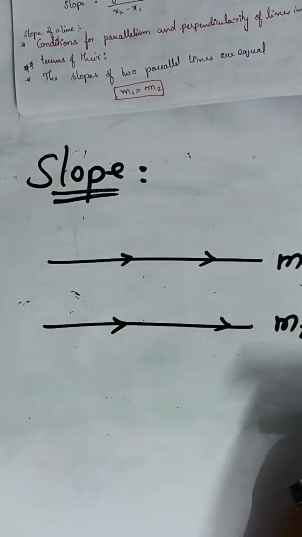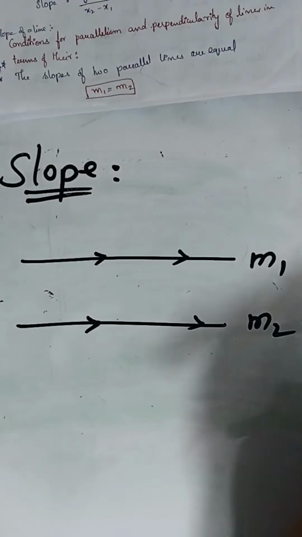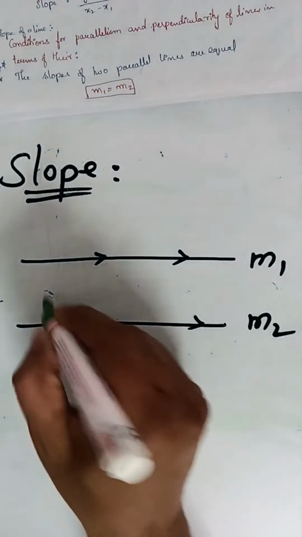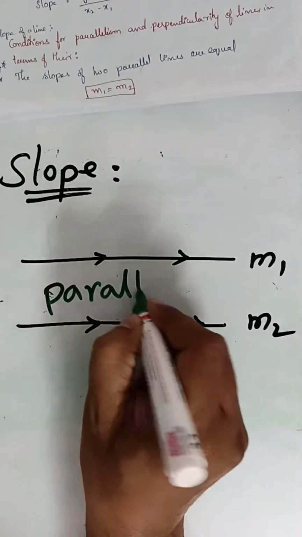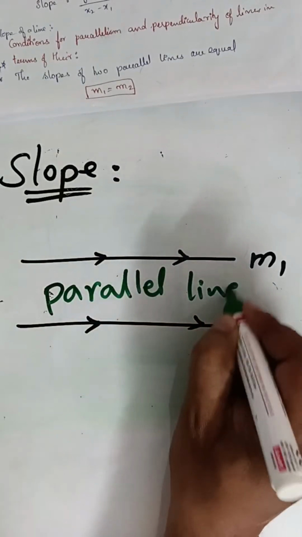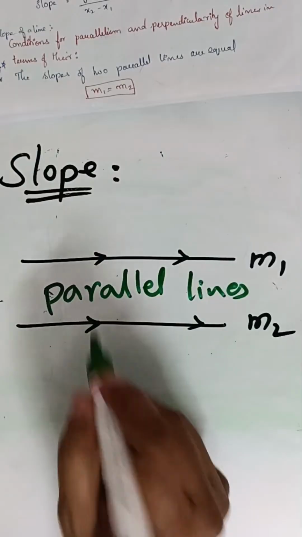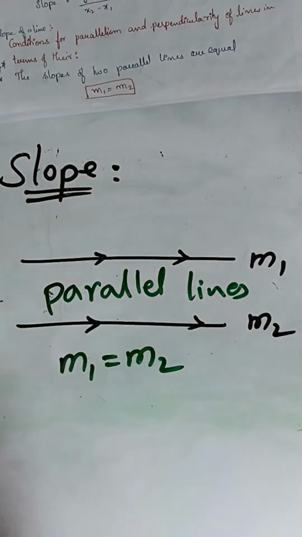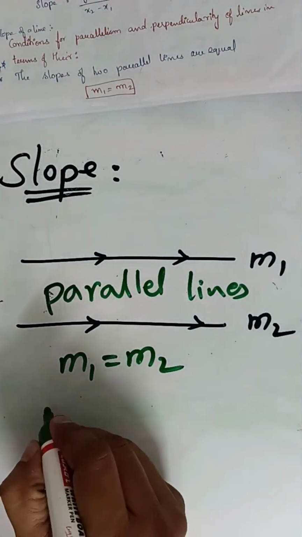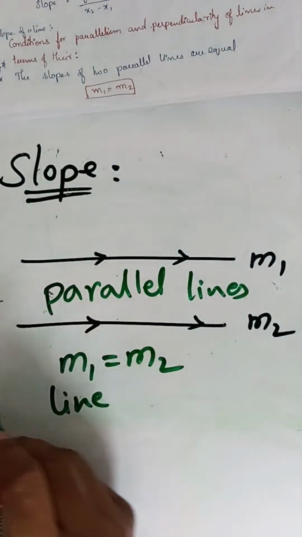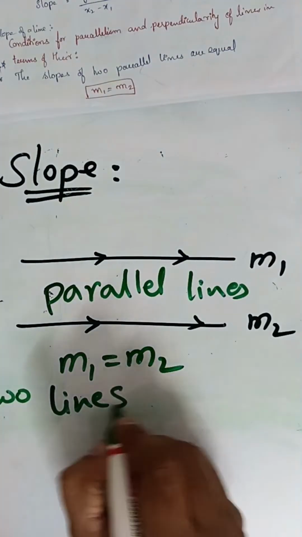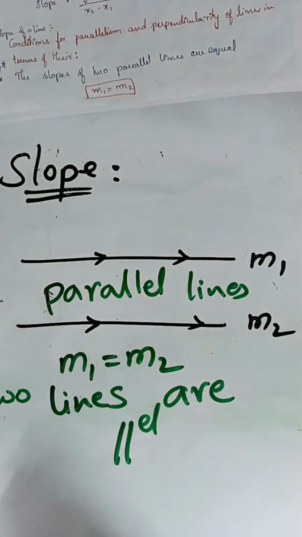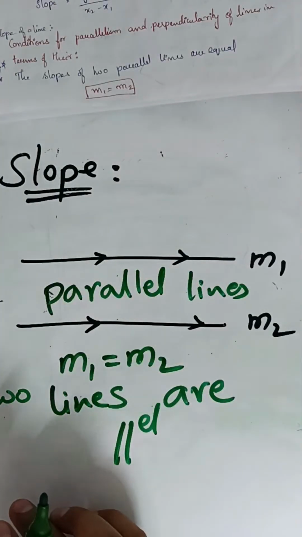If they are parallel lines, the slopes of these two lines will be equal. That is, m1 will always equal m2 only when the two lines are parallel.